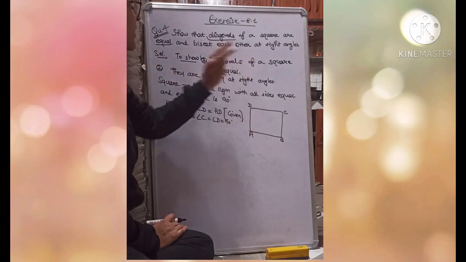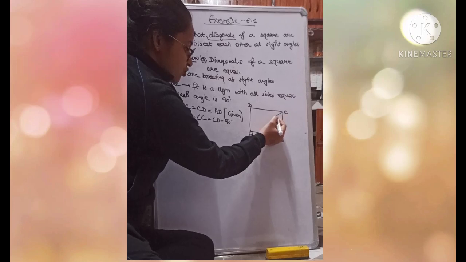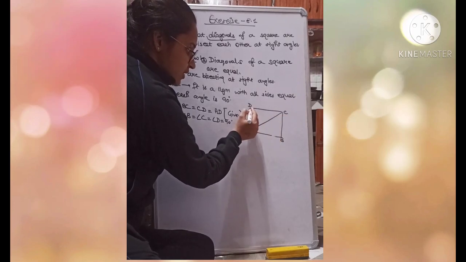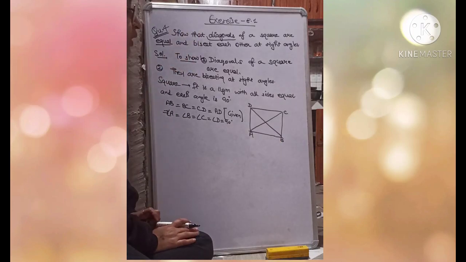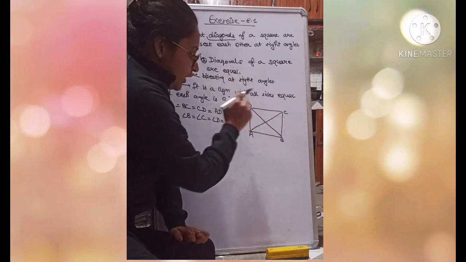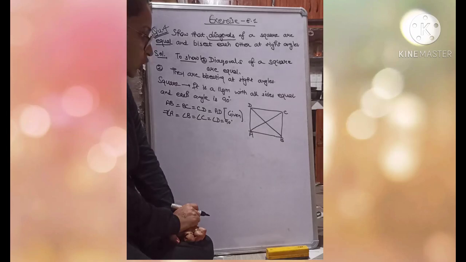Now what do we have to show? We have to show diagonals are equal. So let me join AC. This is the first diagonal, and second is BD. I am joining these two lines. Now AC and BD, we have to show these two lines are equal. How?